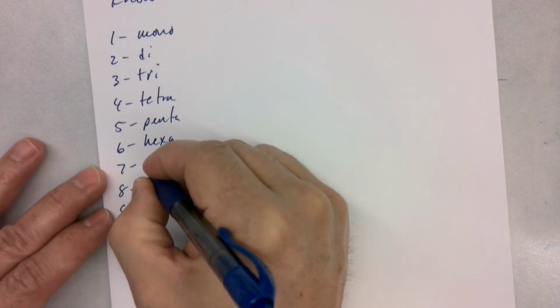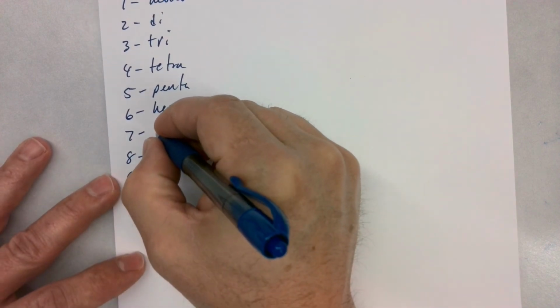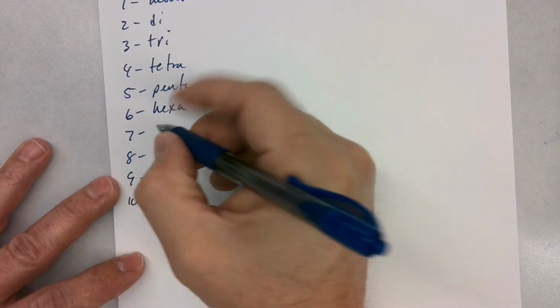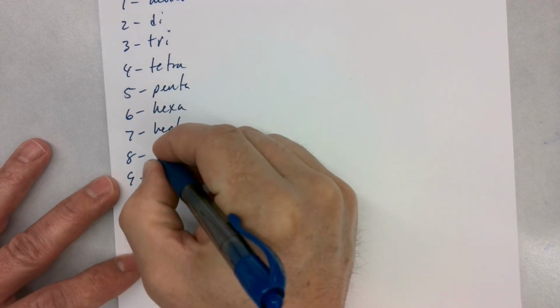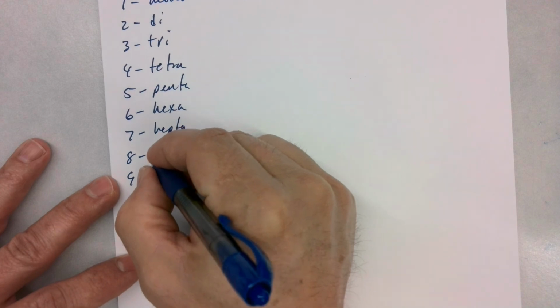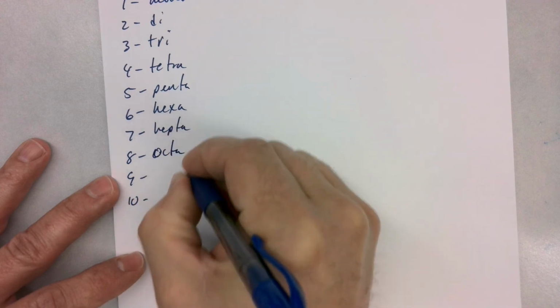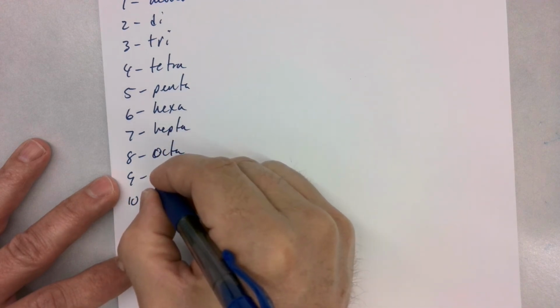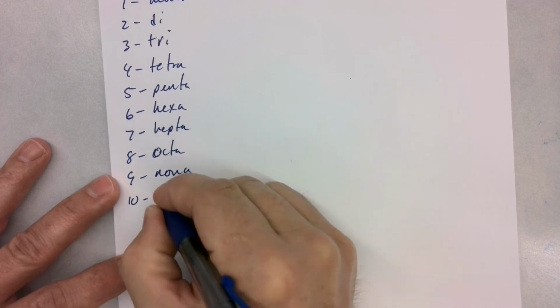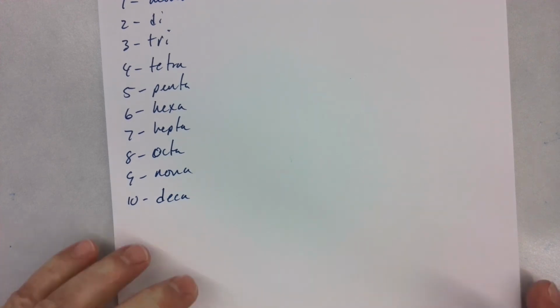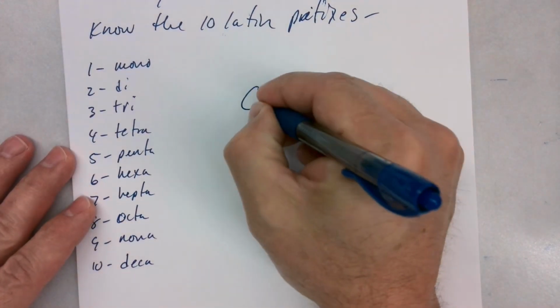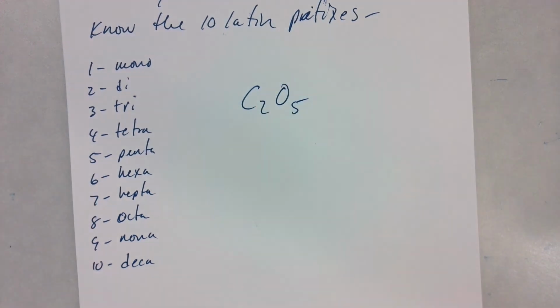Hexa. 7, hepta. 8 is octa. Nona and deca. Okay? Deca. Now, if I had C2O5, what would that be called?